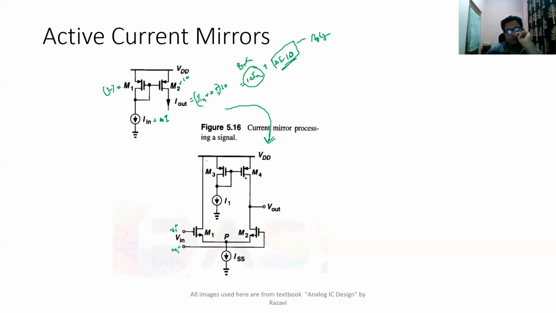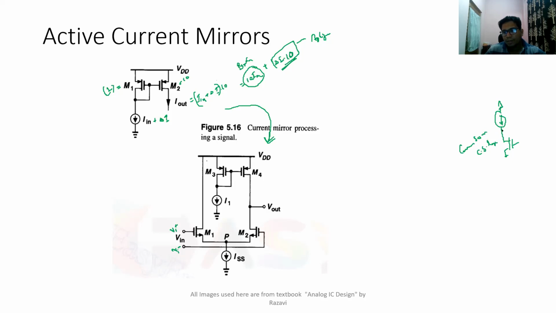What we will do here is use this current mirror as a current source. You remember this circuitry which we have used in current source amplifiers. You have a common source amplifier with current source load.